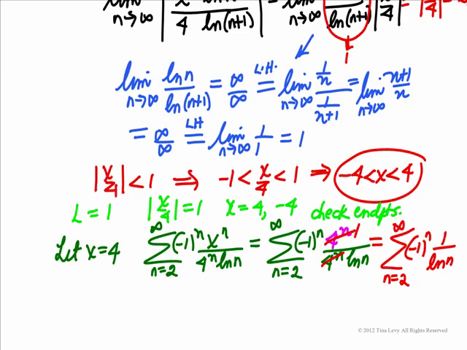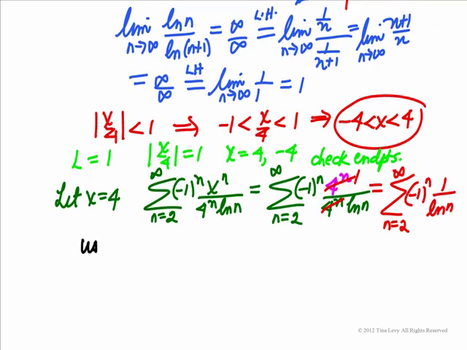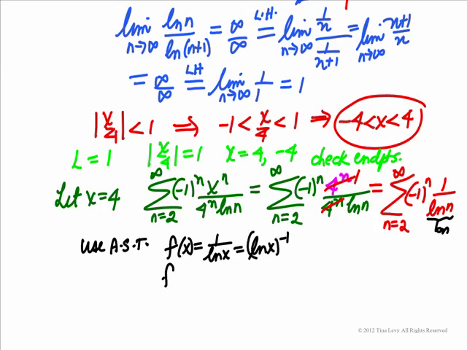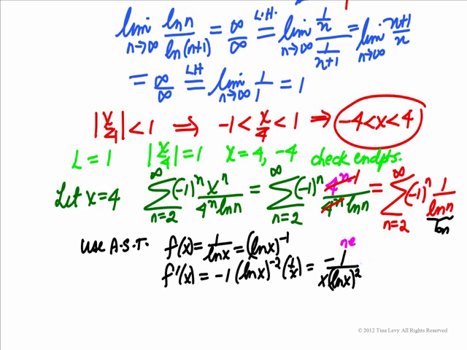We need to now use the alternating series test. So first I know f(x) is 1 over log x, that's my b sub n, which is (log x)^(-1). So the derivative is negative 1 times (log x)^(-2) times 1 over x. So it's negative 1 over x (log x) squared. That's a negative, and this is positive and positive for x greater than or equal to 2.